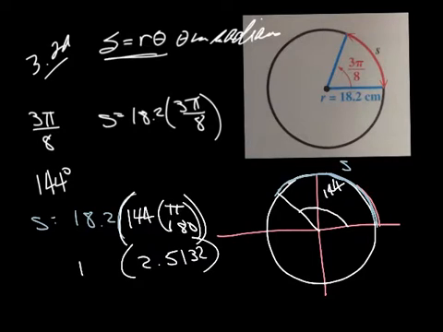Now I multiply that times 18.2, and that gives me my 45.7 centimeter answer for the length of arc S. Alright, so that's example 1. Let's jump to example 2.